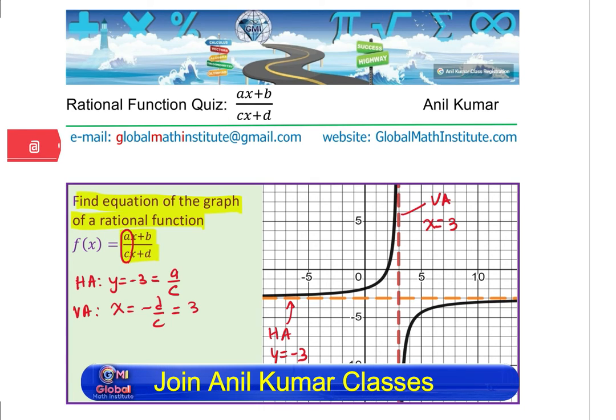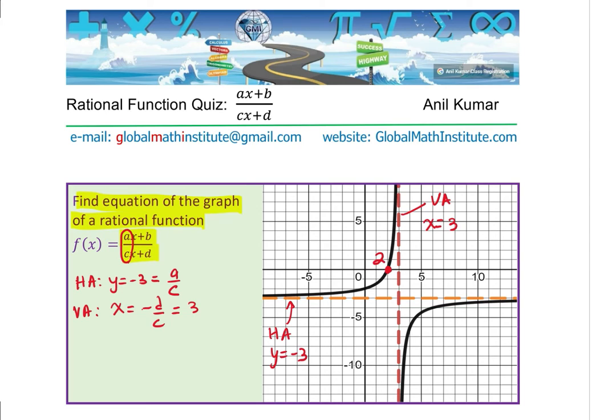We can also look into x and y intercepts. The x-intercept in this case is at 2. So this is your x-intercept at 2, right? X-intercept is the value where the function is 0. So that 2 gives you the numerator ax plus b equals to 0 at x equals to 2. You get the idea.